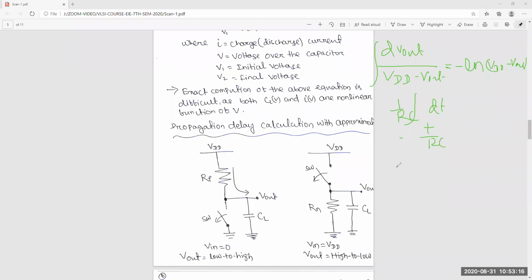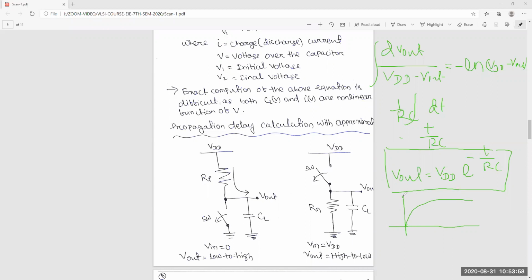So finally what you will get, V out will be VDD into e to the power minus T by RC. Okay, it's the discharge equation actually.